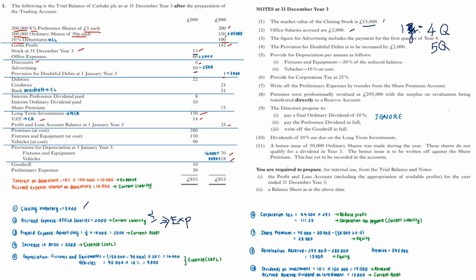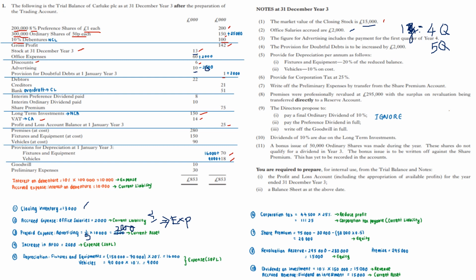That is considered as your prepaid. So here you have your calculation. It's 1/5 times 10,000, so it becomes 2,000. This 2,000 here is considered as your current asset, because it's your prepaid expense, and this 2,000 has to be removed from the 10,000.